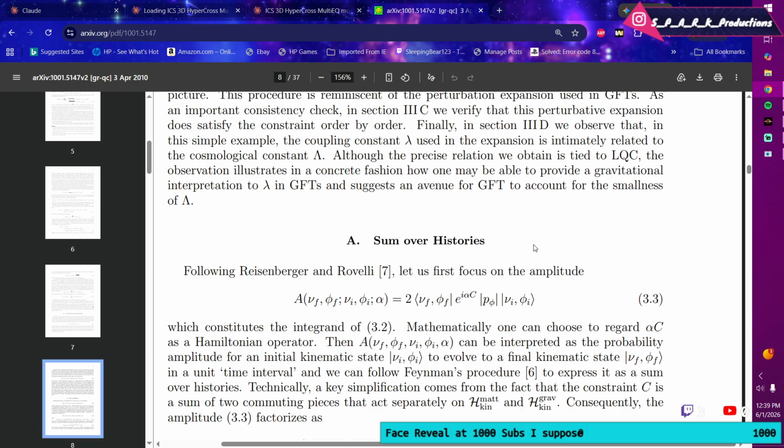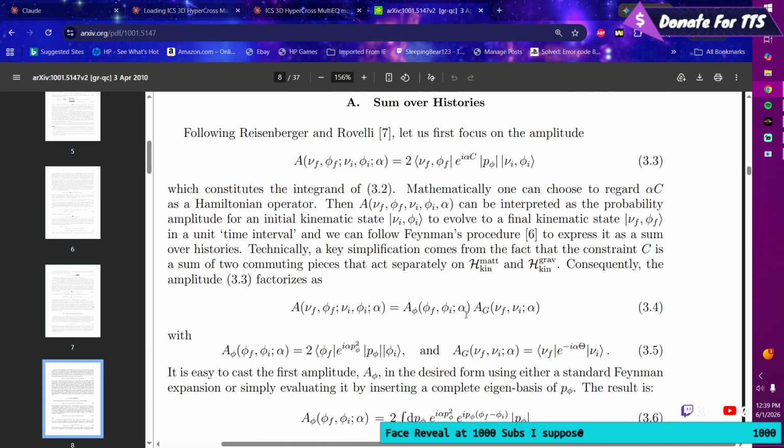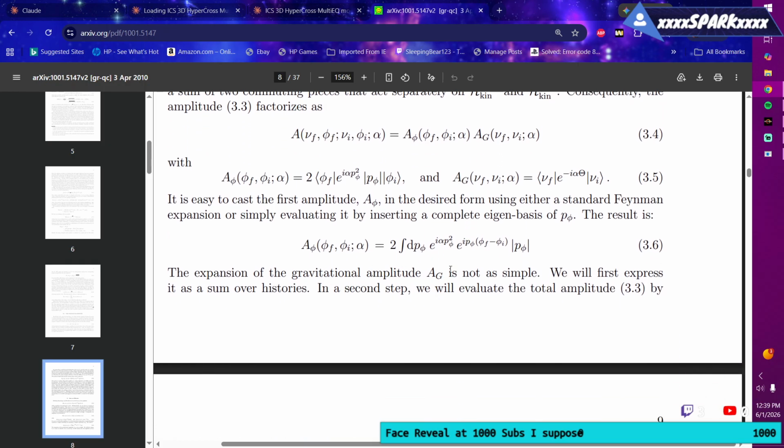Wow. Sum over histories. I did see some of this stuff as well. Kinetic matter, kinetic gravity. Amplitude A of G is not as simple versus sum over histories.